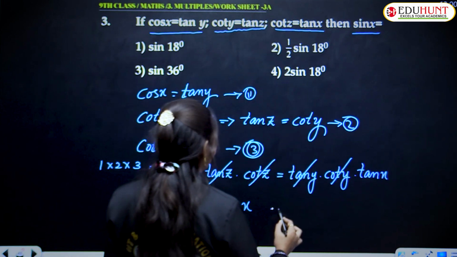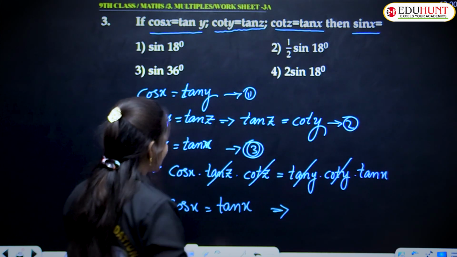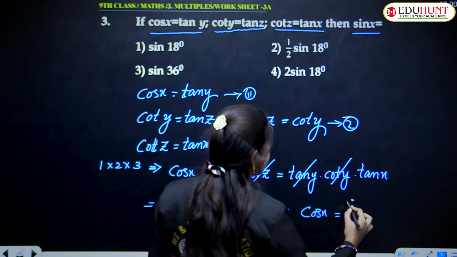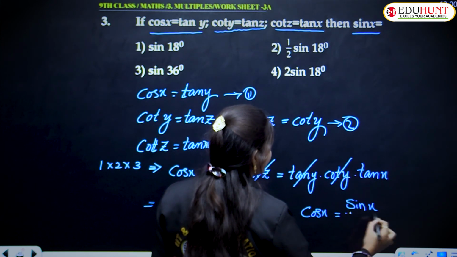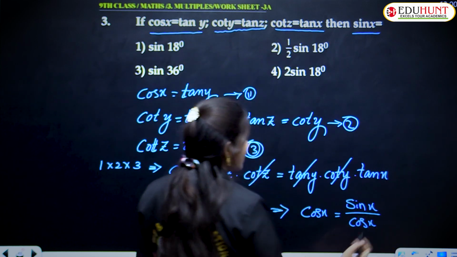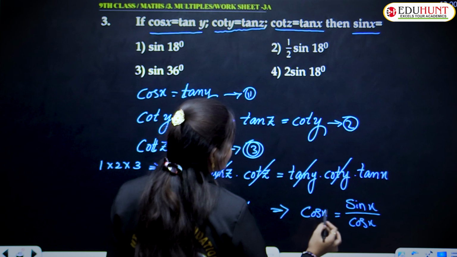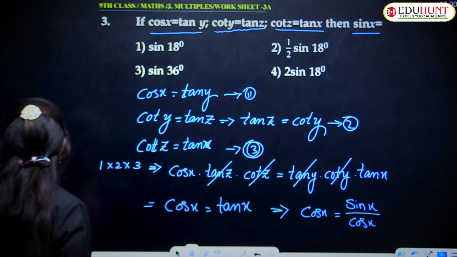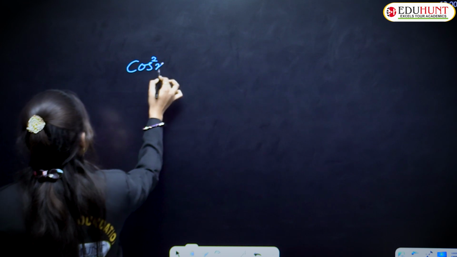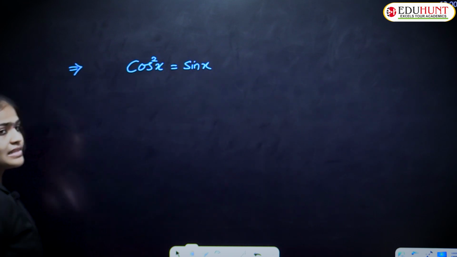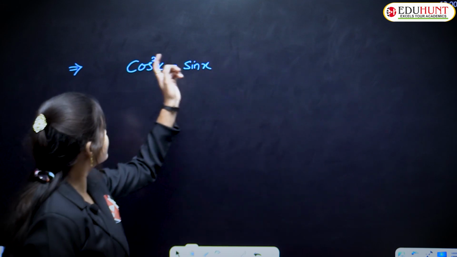So children, here they ask for the answer in terms of sin, no? So here we can write tan x as sin x by cos x. Now take the cross multiplication. So cos x into cos x is cos square x. So cos square x is equal to sin x. Understand? They are asking for sin x, so write this in terms of sin. 1 minus sin square x is equal to sin x.